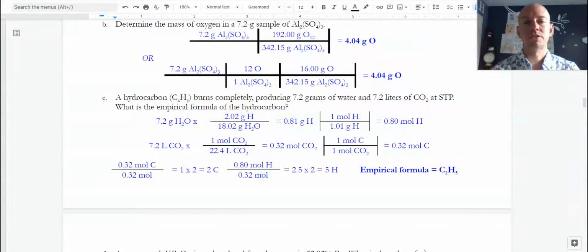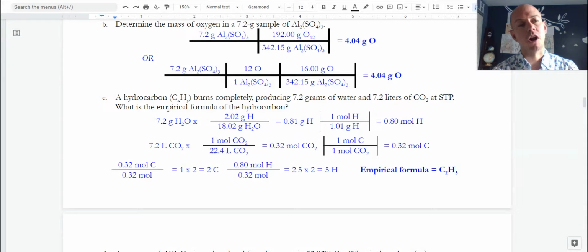Every mole of CO2 is 22.4 liters, so I have that many moles of CO2. Every CO2 has one C in it. So when I'm thinking empirical formula, I need to know the moles of carbon and the moles of hydrogen. I get moles of hydrogen by thinking about the fact that water is the only thing with hydrogen in it.